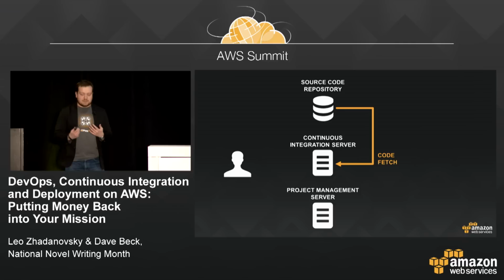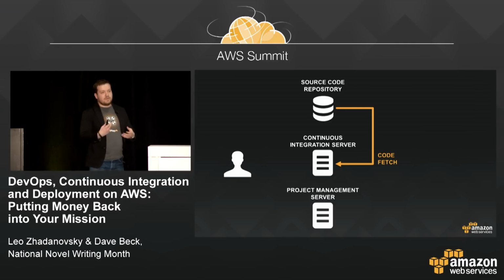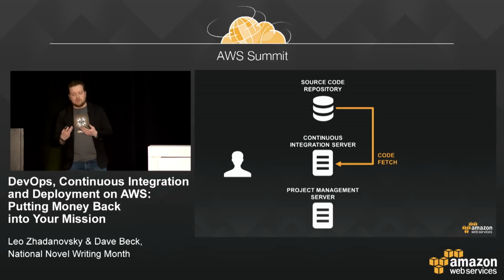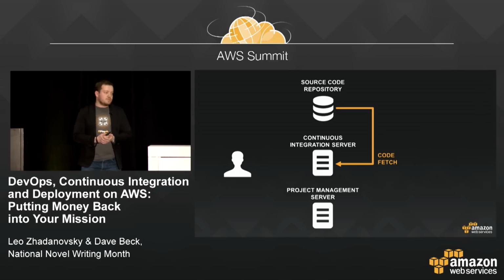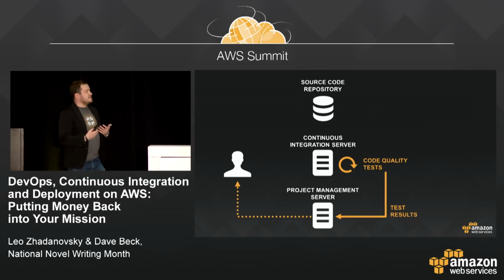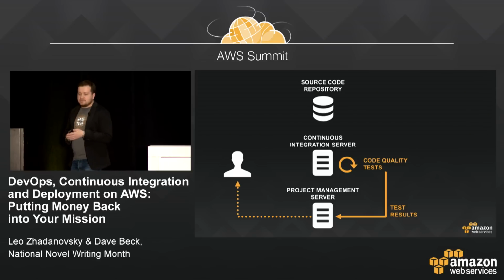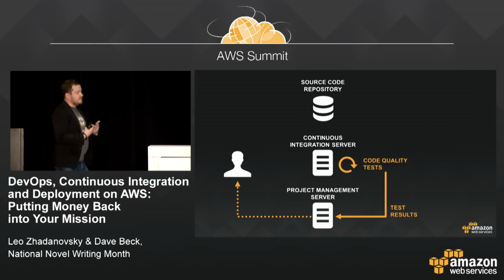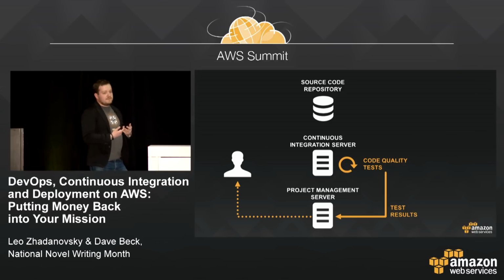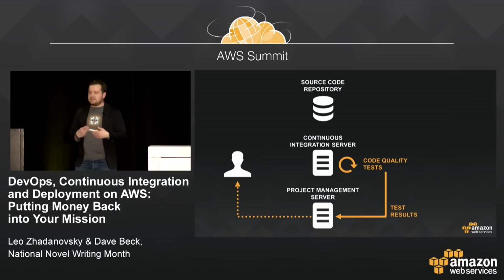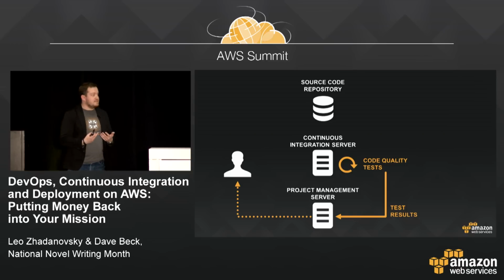The way the build works is it's going to fetch whatever commit you want to build out of the source code repository, and it's going to run tests on that code. The tests are going to be functional tests, unit tests, security tests, all that good stuff. If the tests fail, it's not going to deploy. If the tests pass, it's going to deploy.